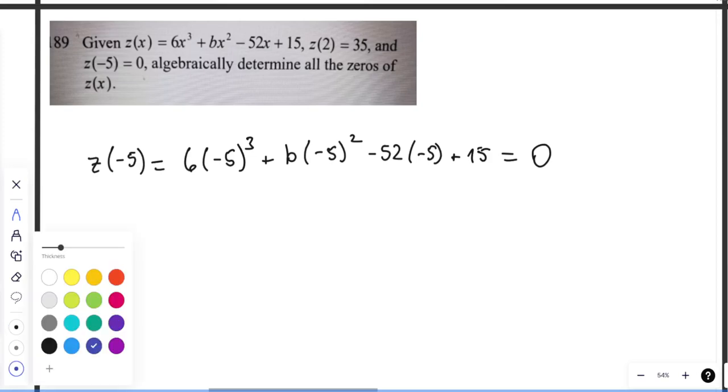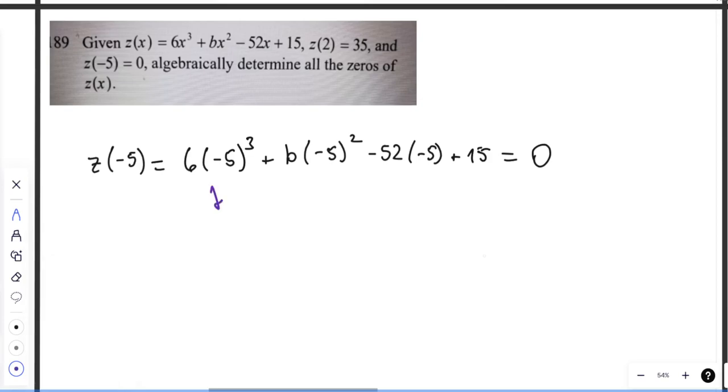I'll do a different color here, like purple. 6 times -5 cubed is going to be 6 times -125, so that's going to be around -750. This is going to be plus 25b. 52 times 5 is going to give us 260 here, and plus 15.